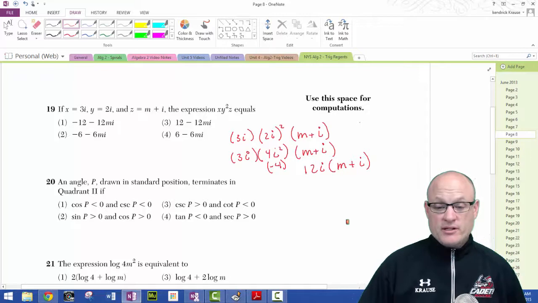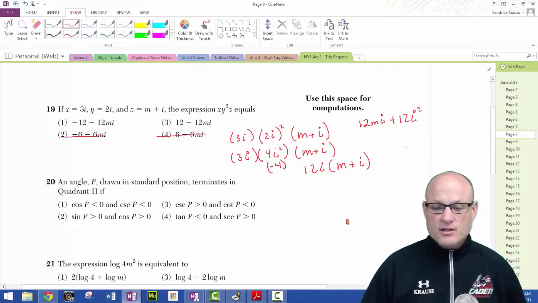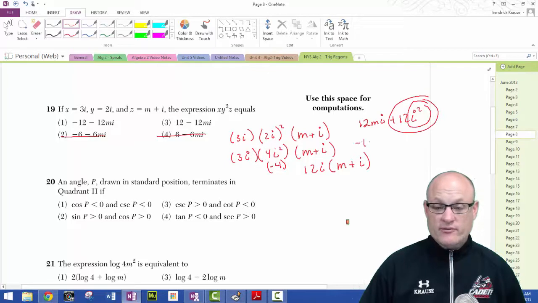Well, that gives me 12mi plus 12i squared. Well, how many 12mi's do I have? 2. Now, this is really -1, so this really is -12. So what I have here is -12 plus 12mi.